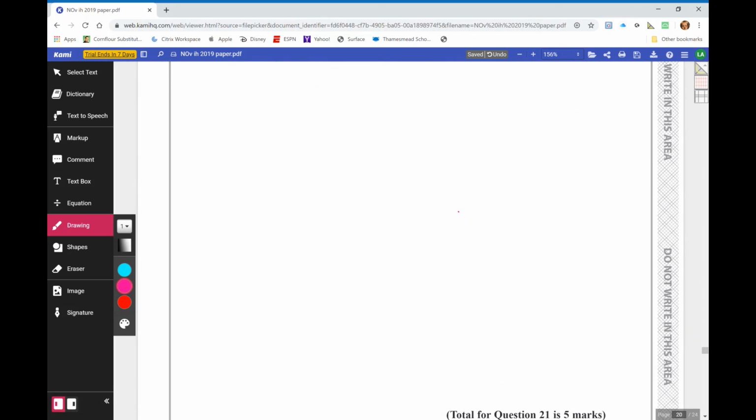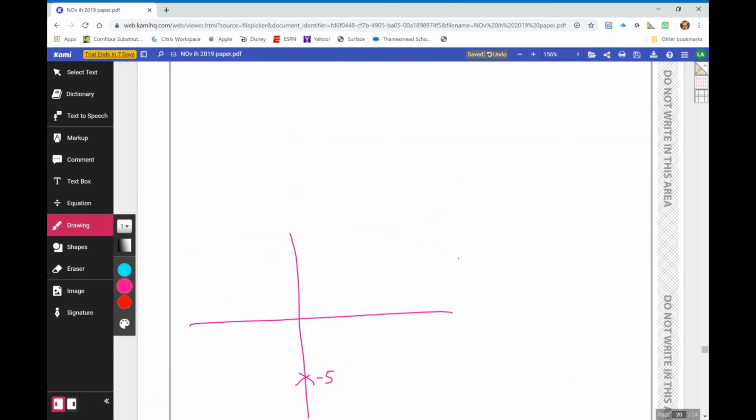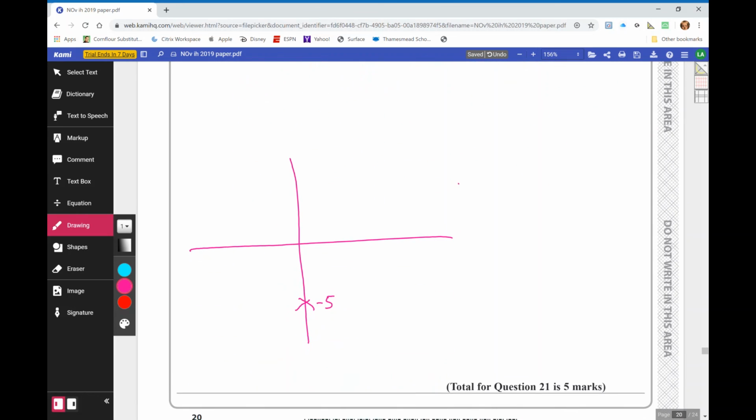So if I just come further down and start sketching, I know that my graph is a positive x squared, so it has to be positive, that's going to be at minus 5, and my turning point is at 2, minus 13, so 2 along, minus 13, let's say it's down here. Doesn't have to be to scale particularly, as long as you've got the coordinates written.